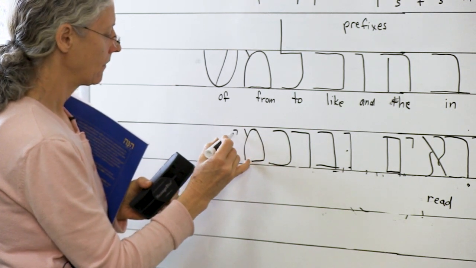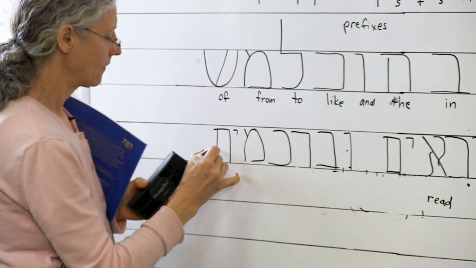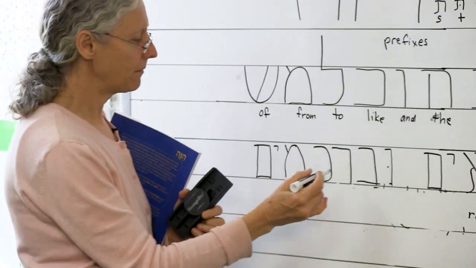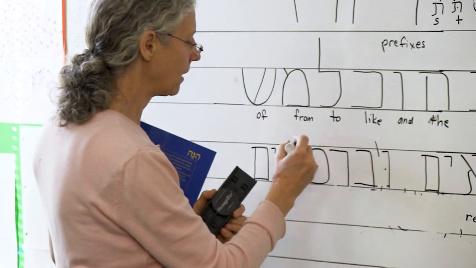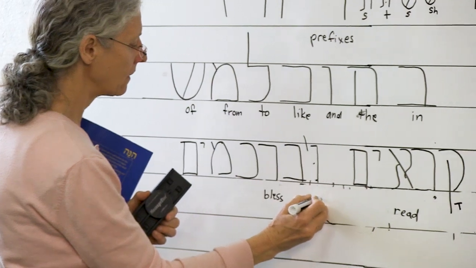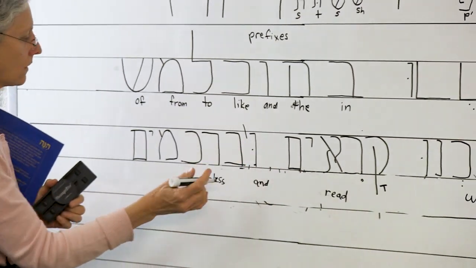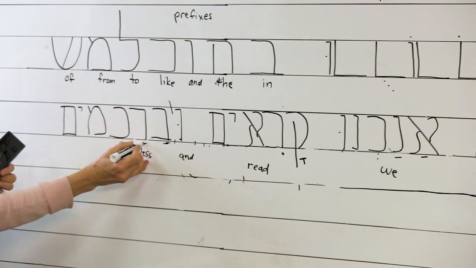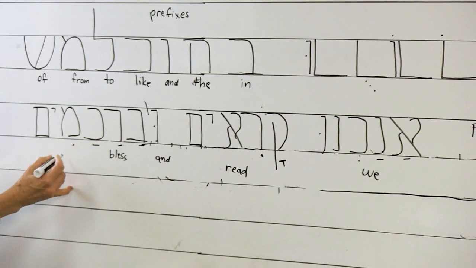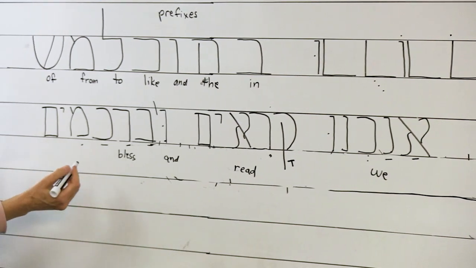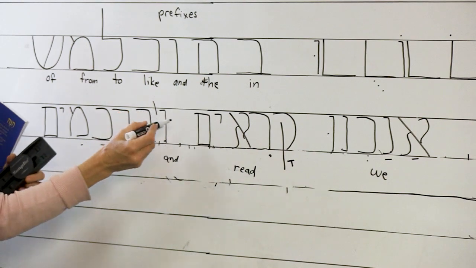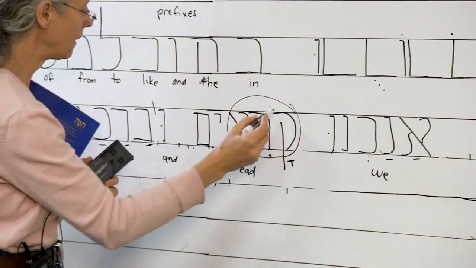Berachamim. Okay, so it's based on a song, but barach would be the root, which means bless, and the u means and. We read and bless. Berachamim. Okay, we bless.